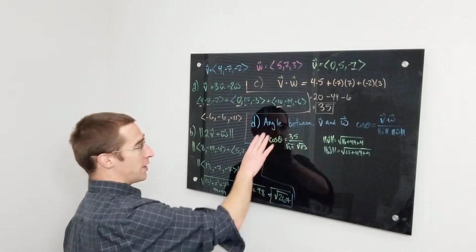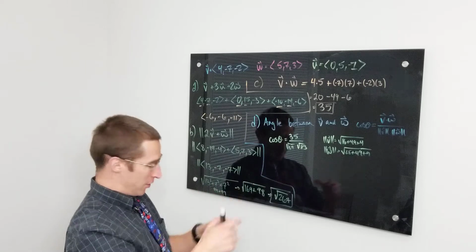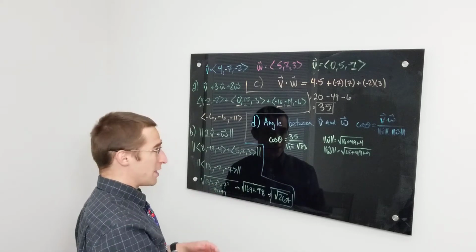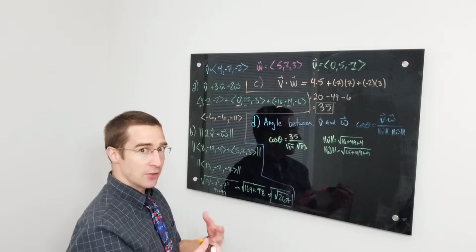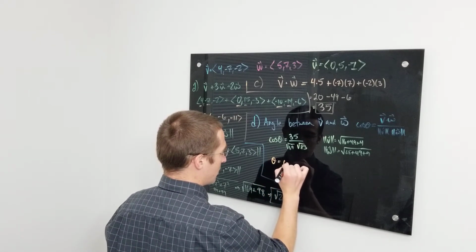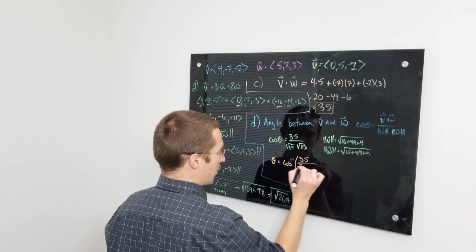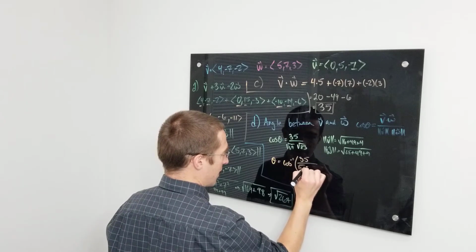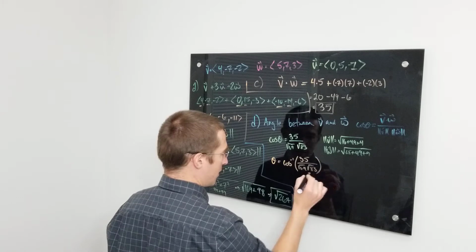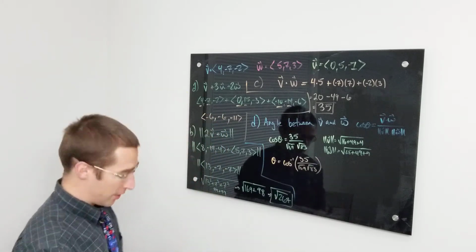Cool. Alright, so this is not our answer. Not yet. We want theta. We want the angle between them. So what we need to do is take the arc cosine or the inverse cosine of each side. So theta equals cosine inverse of 35 over square root of 69 times square root of 83. And use a calculator.